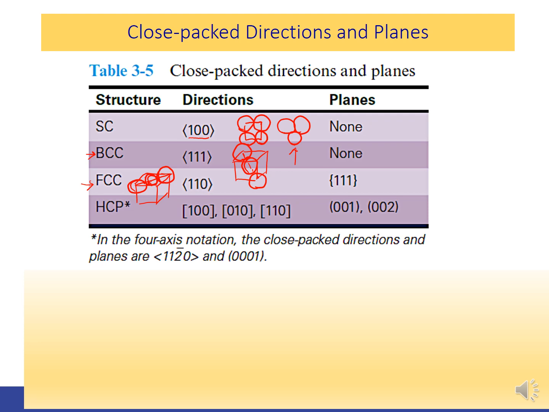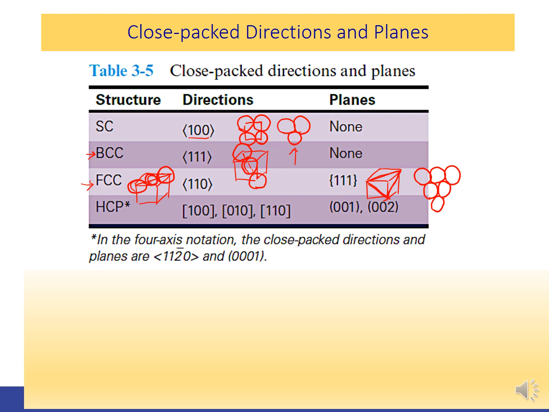And the close packed plane is the 111 plane, which is the plane passed through the body of the face-centered cube. On this 111 plane, the packing of atoms looks like this. This is the most efficient way to put all of the atoms together.